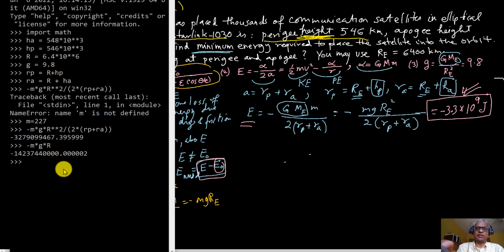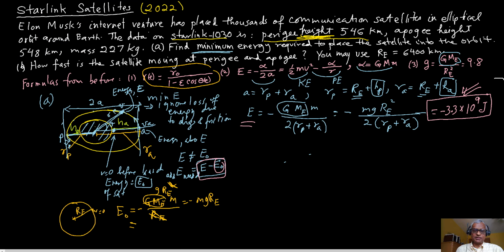So this is equal to minus 14.2 times 10 to the power 9 joules. I kept 9 here and 9 here so that when I'm doing the calculation, in the next step I don't have to repeat it.